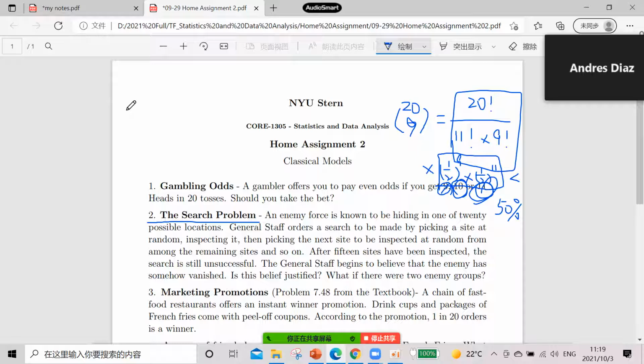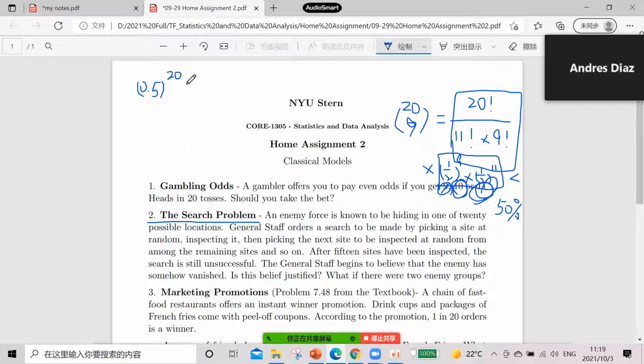So that is one half to the power of 9. And then followed by 11 tails, so it's one half to the power of 11. So basically, you're going to use 0.5 to the power of 20 in total, because this is a fair coin, and no matter heads or tails, the probability is just 0.5.